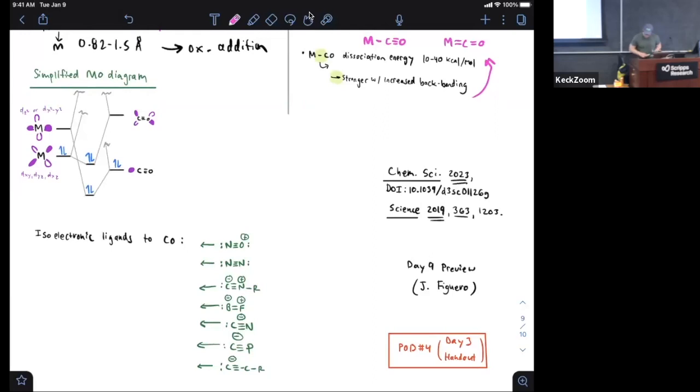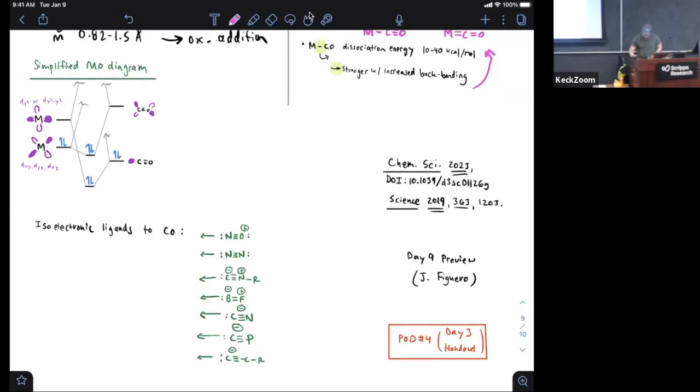And so the lone pair can form a productive bonding interaction with the dz squared or dxy orbital, as shown on the bottom. And then the dxz, dyz orbitals can form a bonding interaction with the pi star anti-bonding orbital of CO. So this is the quick and dirty MO diagram for a metal carbonyl.